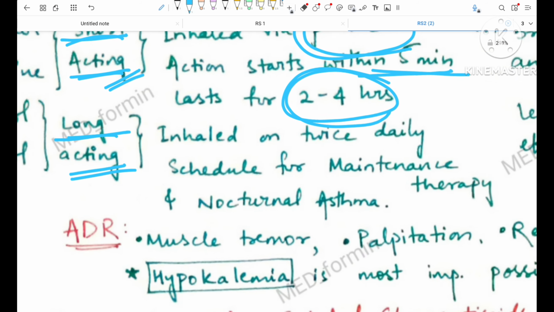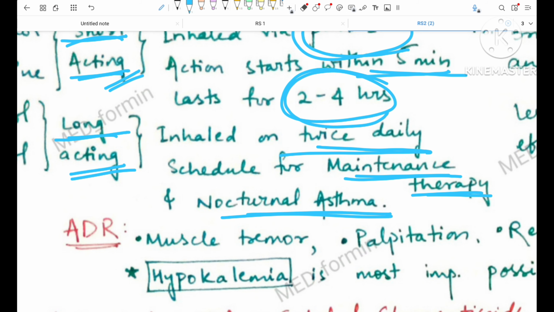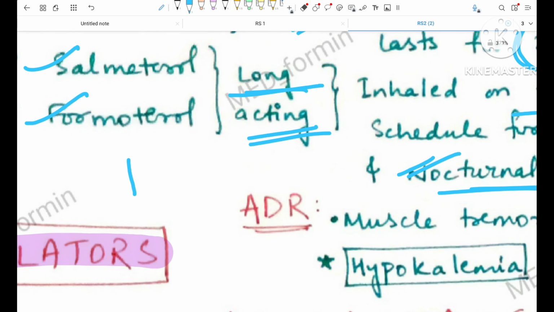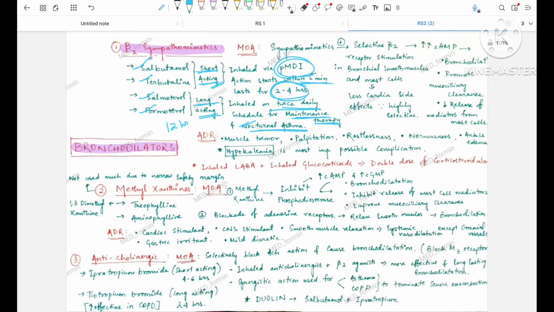The long-acting beta 2 agonists are inhaled twice a day, and these are mostly used for maintenance therapy or nocturnal asthma, that is asthma that is exacerbated at night. They have a 12-hour action, so twice daily use is sufficient when we are taking long-acting beta 2 agonists.